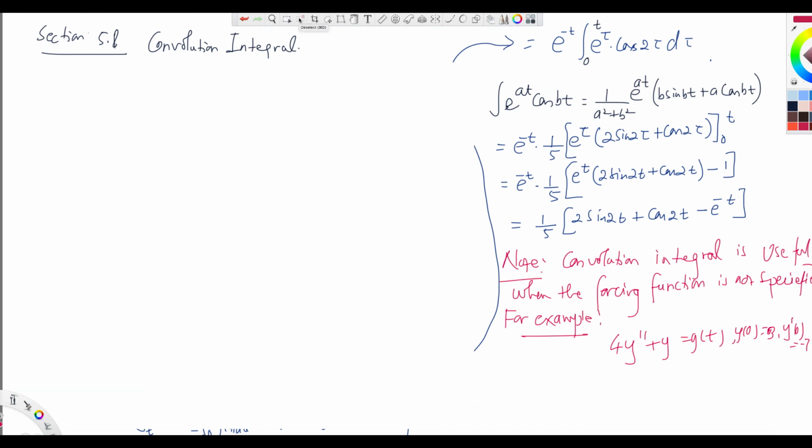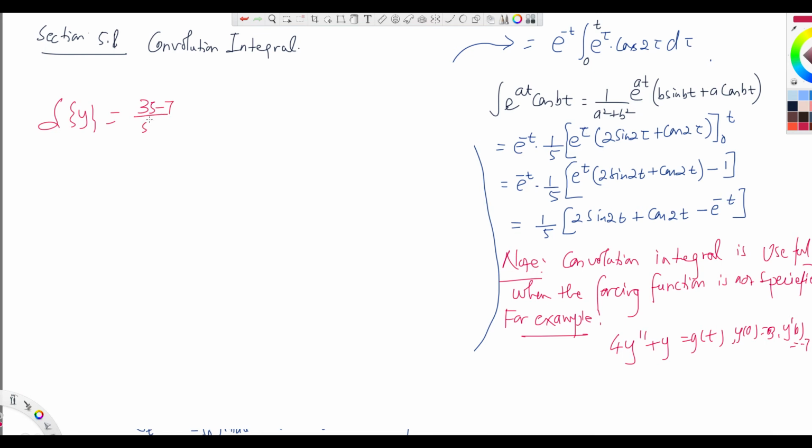If you want to solve this equation, you just use the Laplace transform, and then do all those things that we used to do to solve a differential equation. So we take the Laplace transform and then we solve for the Laplace transform of y.